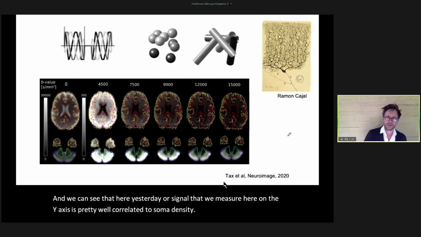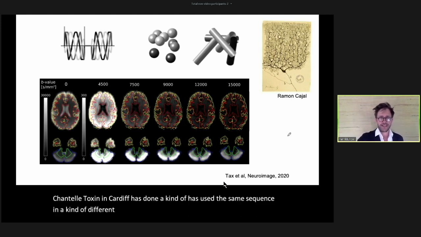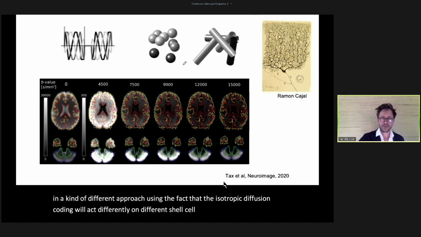Chantal Tax in Cardiff has used the same sequence in a different approach, using the fact that the isotropic diffusion encoding will act differently on different cell types when we go to very high diffusion times.